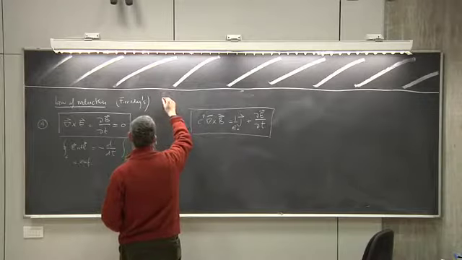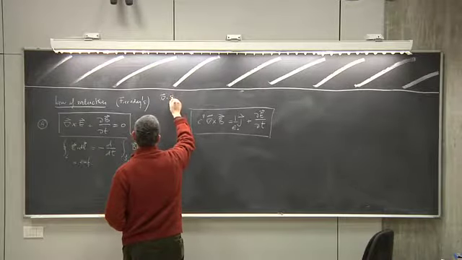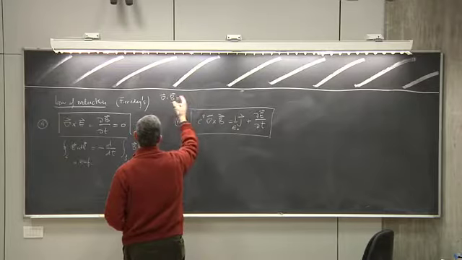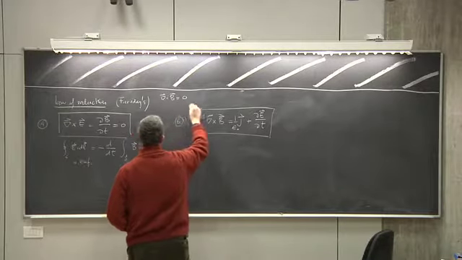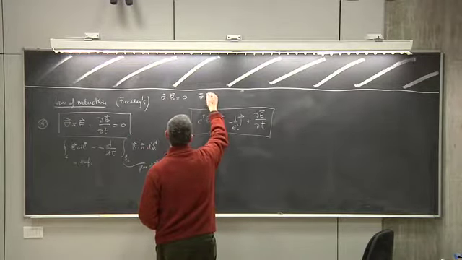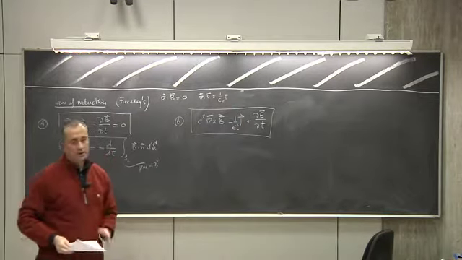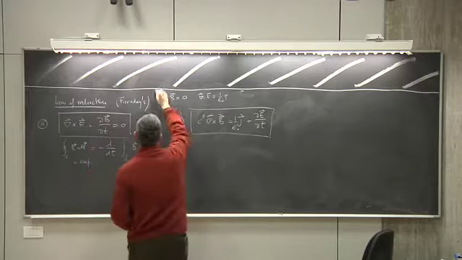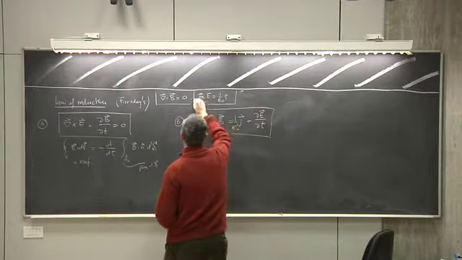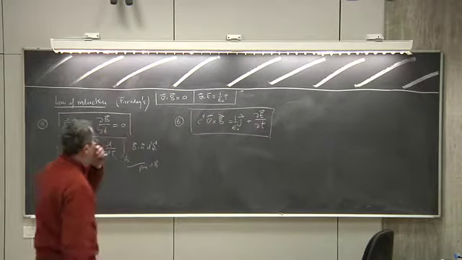And always remember that it's still true that the divergence of B is 0, and that for the E field, the divergence is proportional to the charge density. By now, I hope you know these equations by heart.